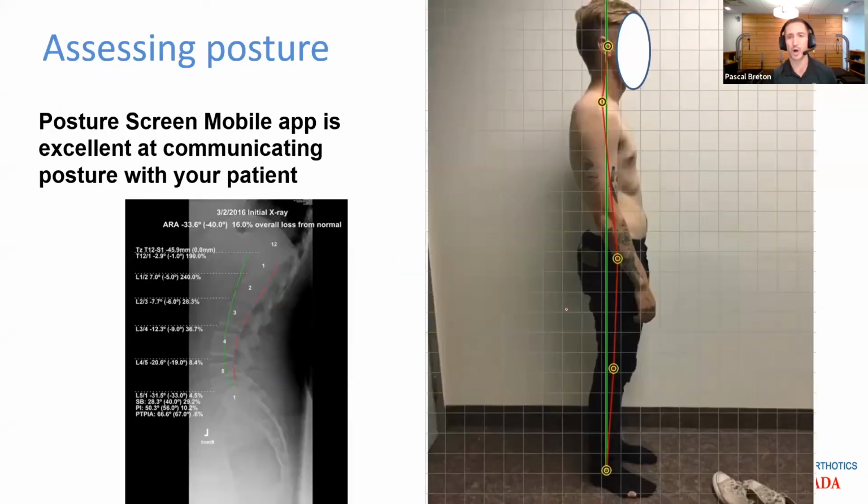So how do I measure it on thorax? If I'm taking a posture picture, and hopefully we're all looking at postures of our patients, I look at them from the side. To represent the thorax, we use a dot at the AC joint. That would be the center of mass of the thorax. So I put a dot at the AC joint. My pelvis, or my S1, is represented by a dot at the greater trochanter. So I put a dot at the trochanter, a dot at the AC joint, and then I look to see, is the dot of the AC joint posterior to the dot of the trochanter?